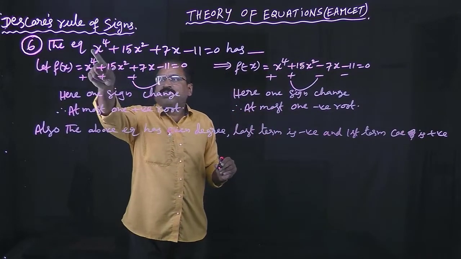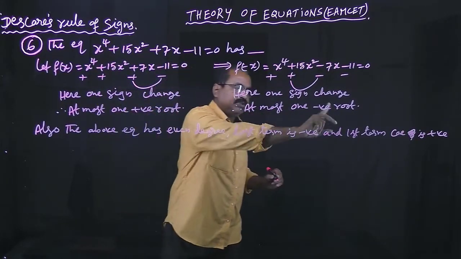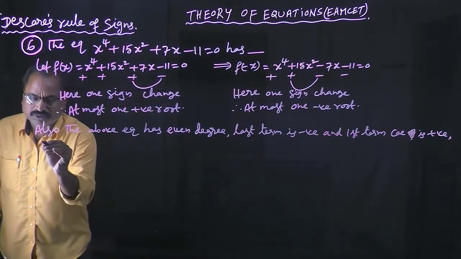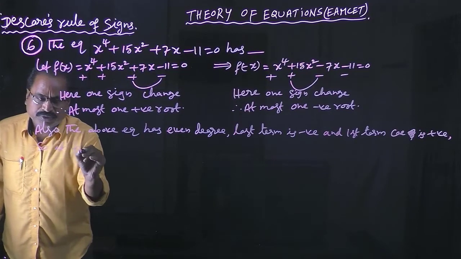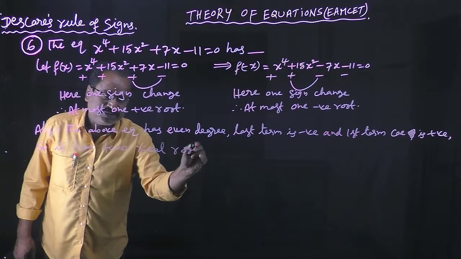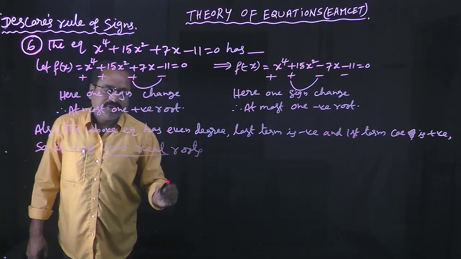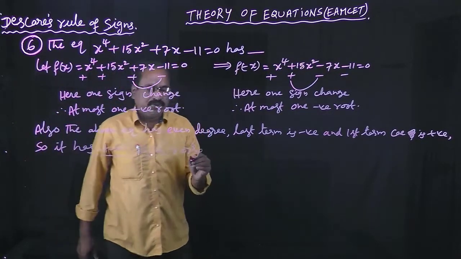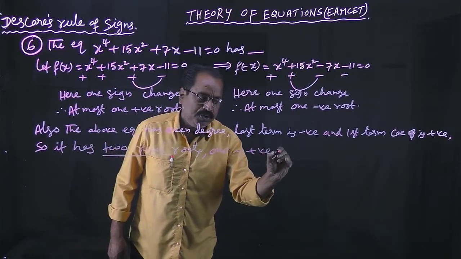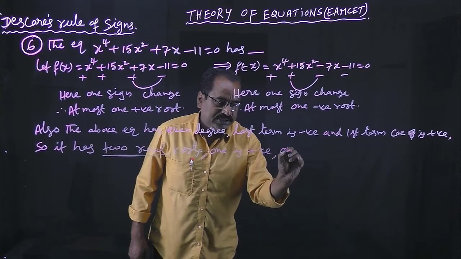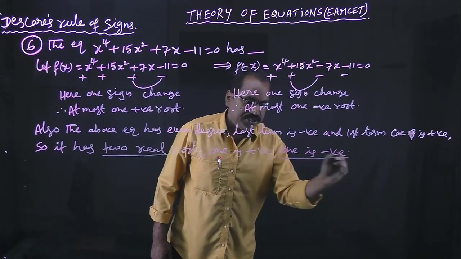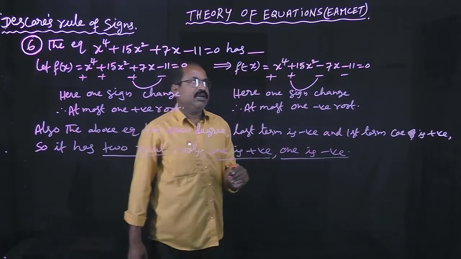X power 4, plus x power 4. Here the first term coefficient is positive. So it has two real roots. One is positive and one is negative.